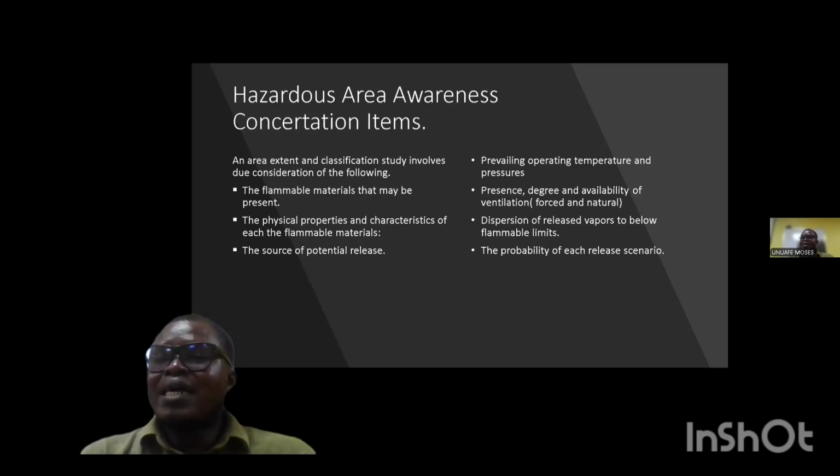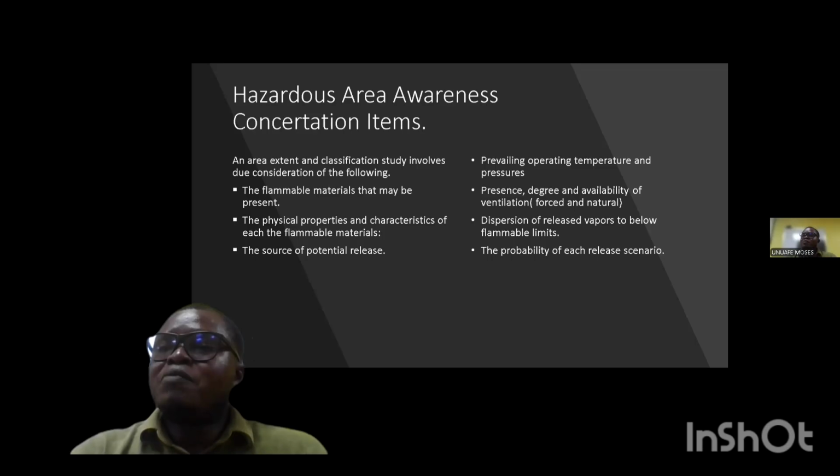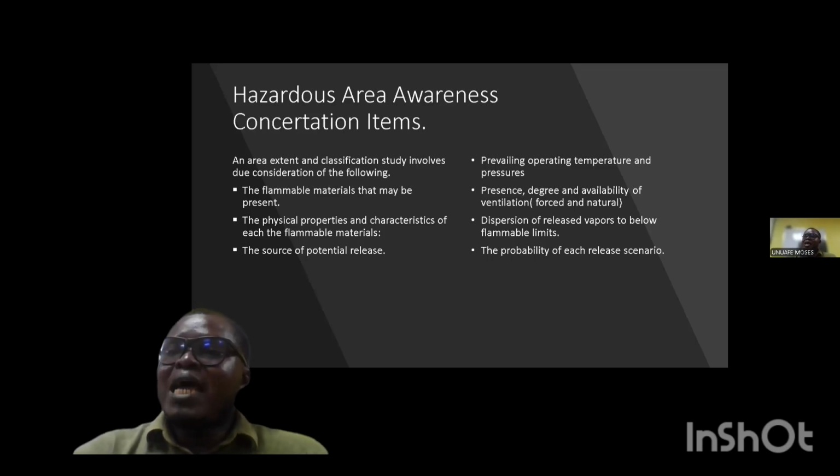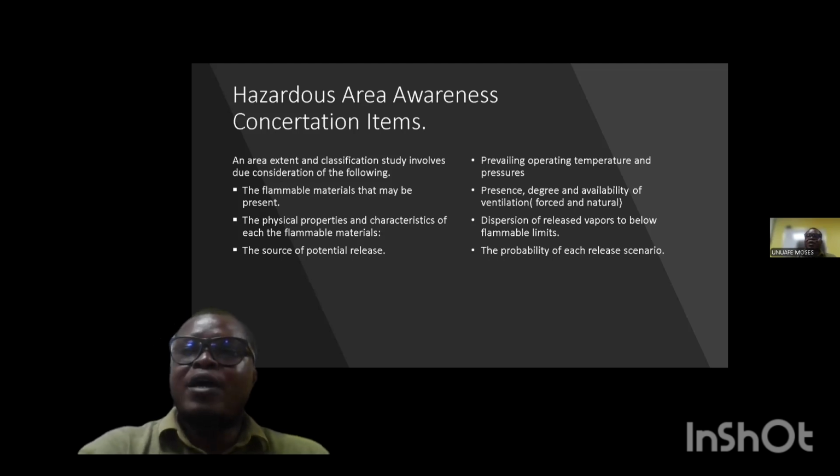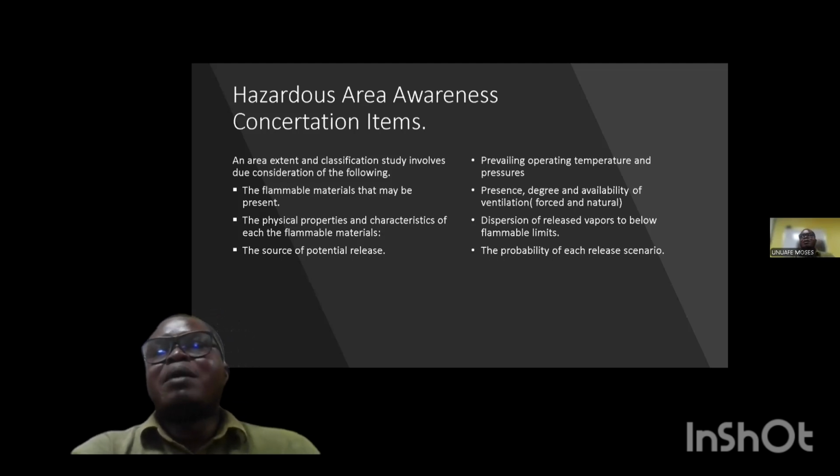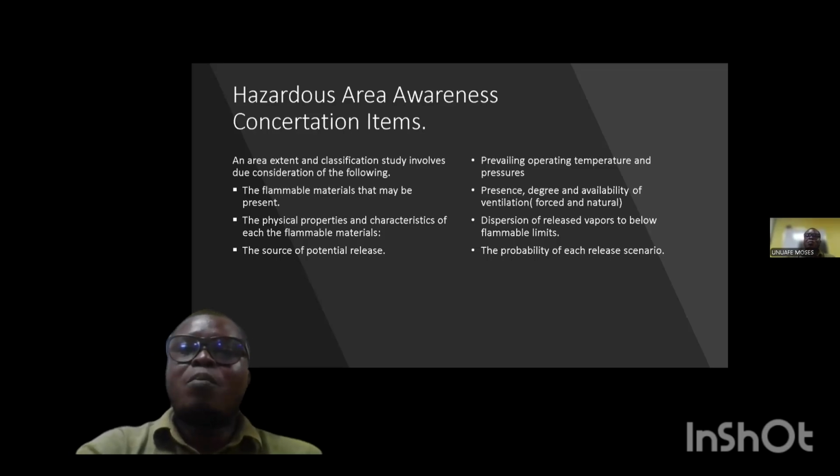I want you to understand that the probability of release refers to the likelihood that a flammable substance will be released into the atmosphere from a particular source during normal operation or under a fault condition. It can help determine what safety measures are required.